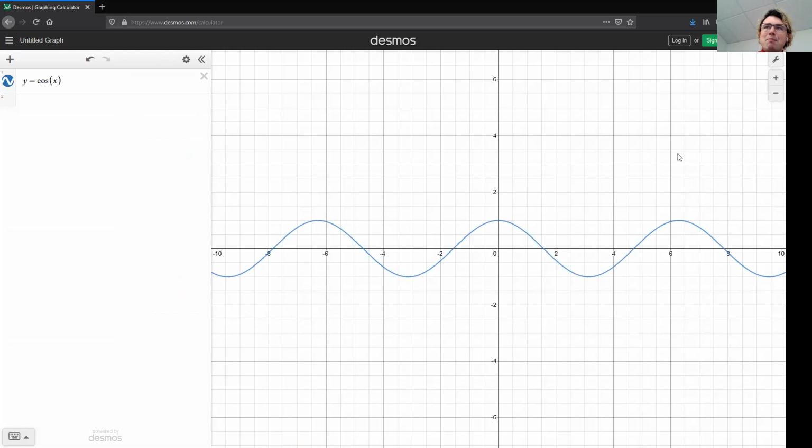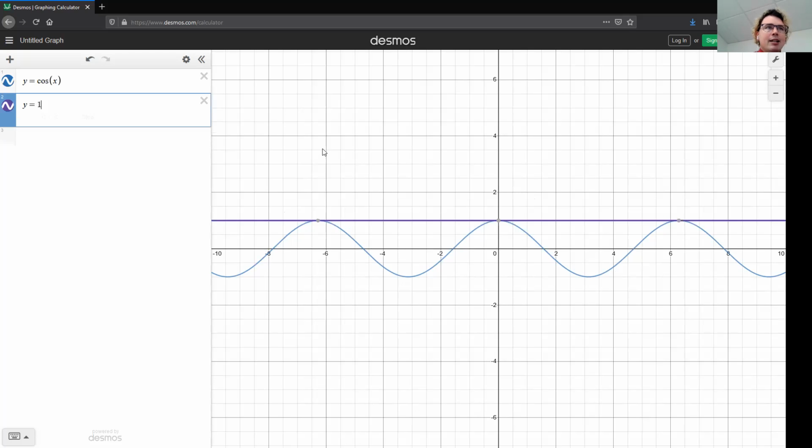Now I'm expecting the derivative of my cosine function to tell me about the slope of my blue curve. So what am I saying? Everywhere that my tangent line is horizontal, let's draw in some tangent lines real quick.